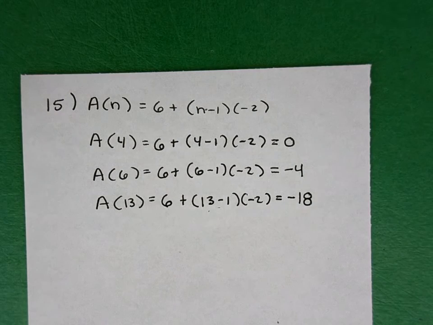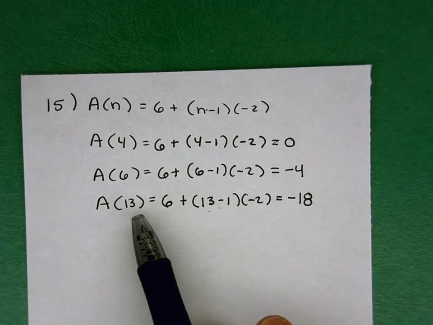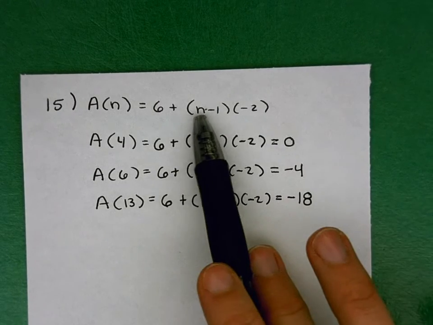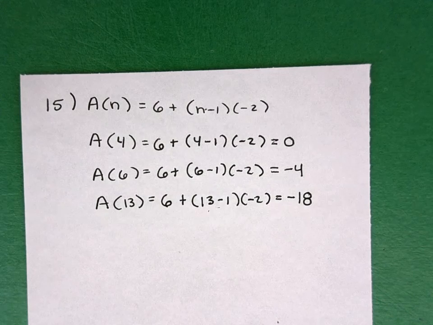The purpose of this is to be able to take a particular sequence that we know, and we're able to predict, based on the common difference, the pattern that's occurring, what's going to happen in 4 terms, or in 6 terms, or in 13 terms. Or frankly, we could use any term. We could find the 220th term, and we'd place 220 into the n's spot, and we'd be able to figure out what the 220th term is.